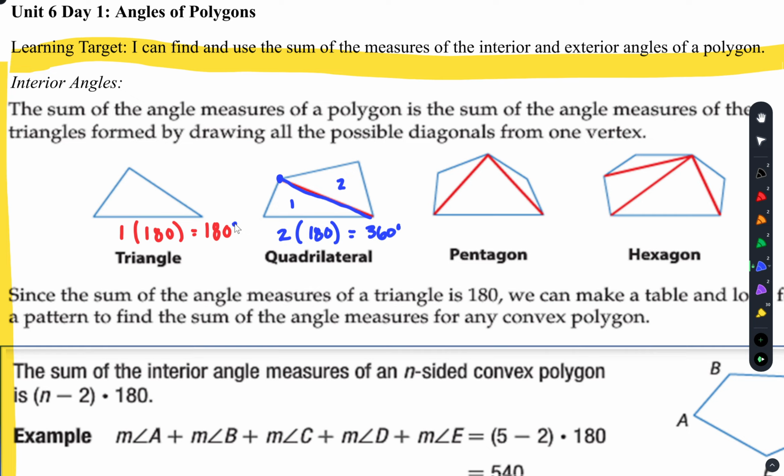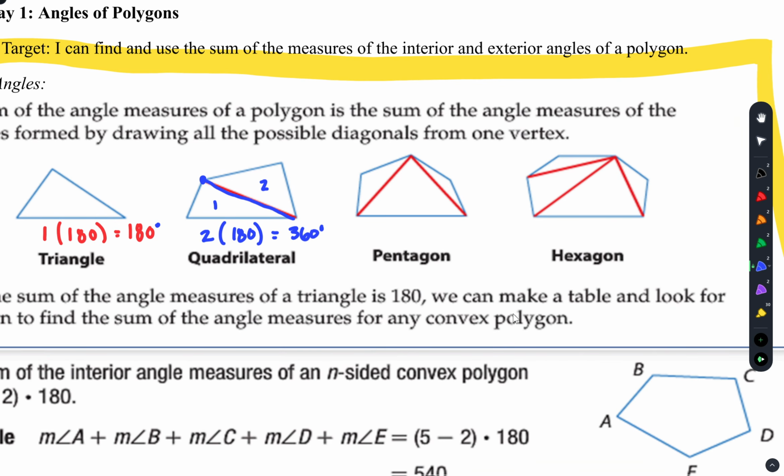Does that kind of make sense? This is called the seashell method because as I go and add more sides, so let's look at that pentagon, they kind of start looking like seashells. I start at one vertex, and I'm going to connect this one vertex to the opposite vertices. I can't connect it to this one right here because it would just form a straight line, and I can't connect it to that one right there. So I can't do the ones right next to it, but I can do every other vertex. So here, I get a triangle. Here, I get a triangle.